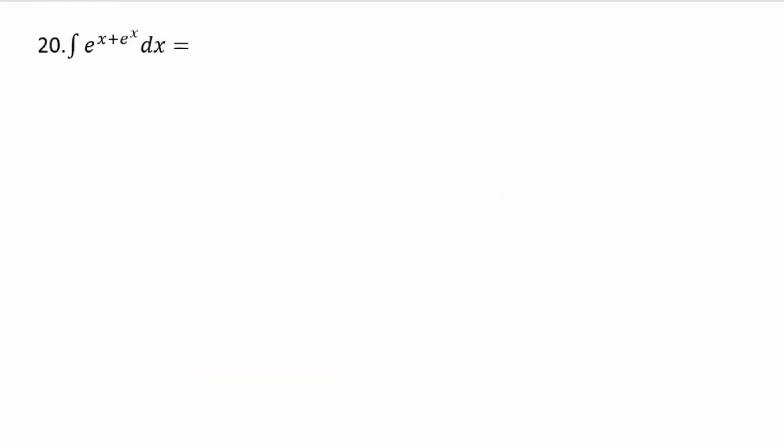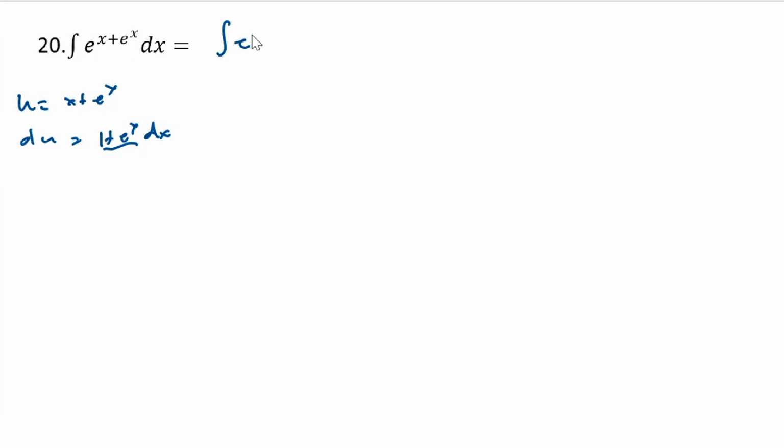In number 20, the given is the integral of e raised to x plus e raised to x dx. If we are going to let u equals x plus e raised to x, then the du now gives us 1 plus e raised to x dx. So 1 plus e raised to x dx cannot be found in the given. In other words, we are going to do something to the given by using the product rule.